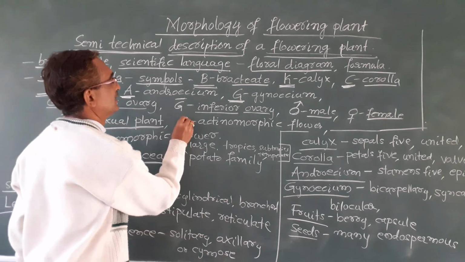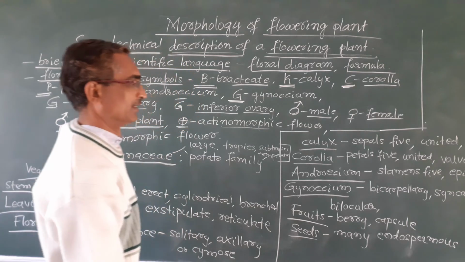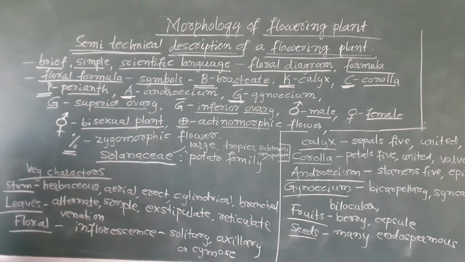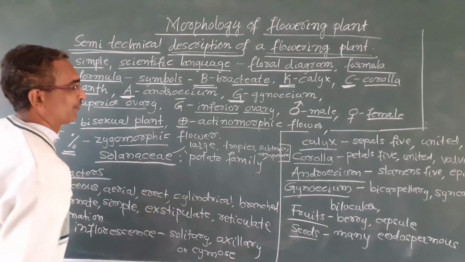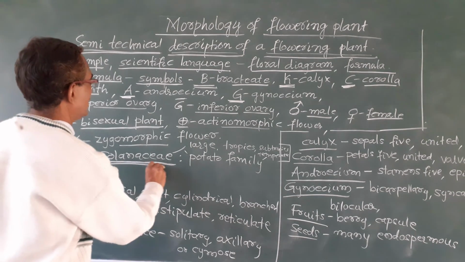Next, this symbol denotes the actinomorphic flower, and this symbol denotes the zygomorphic flower. After that, we will discuss some of the important families. One such important family is Solanaceae.